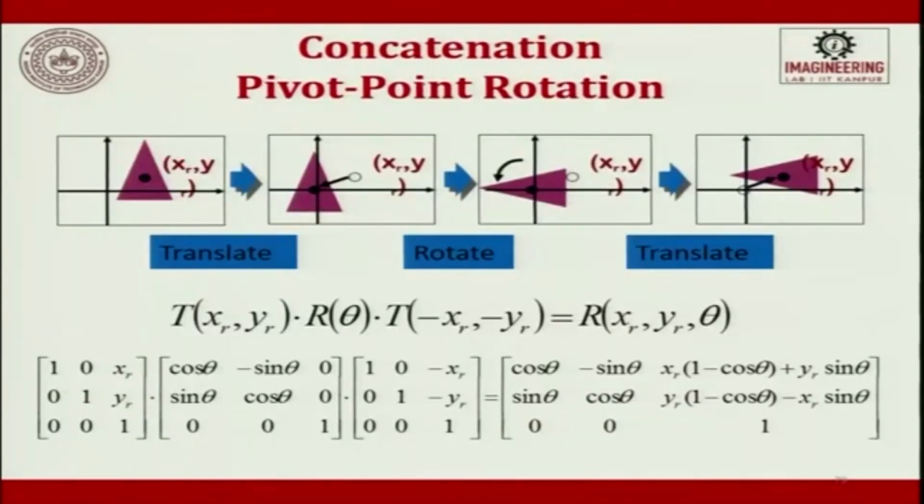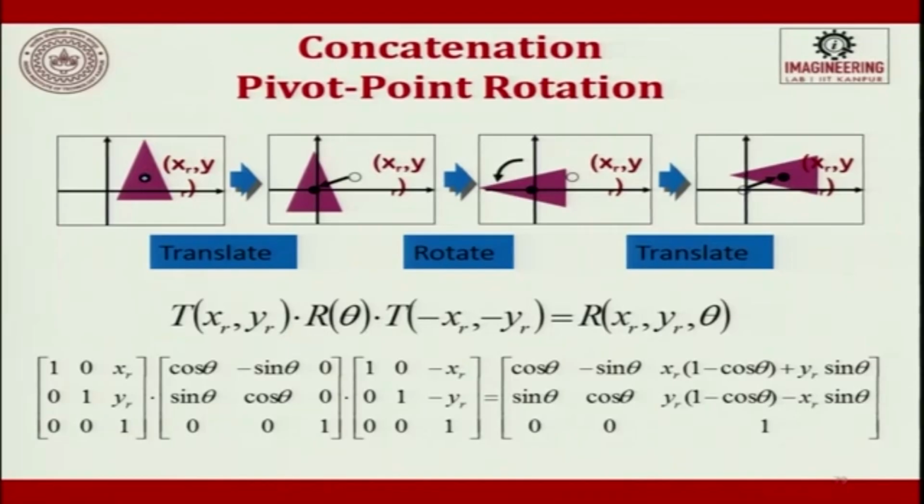Since we are already discussing about concatenation, here we will try to do it systematically such that you will try to see how does it happen mathematically in a CAD software. So, here this example is taken to discuss about a pivot point rotation. So, here is a triangle. We have asked you to first find out the center of the triangle, and now that we consider as a pivot point.